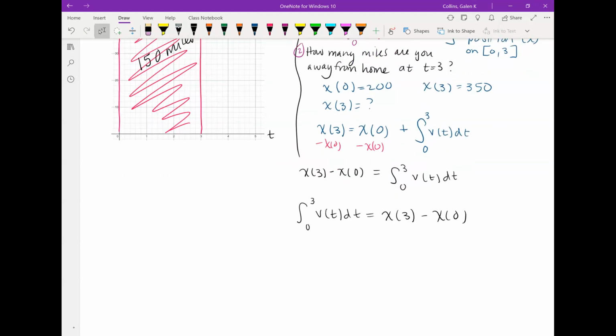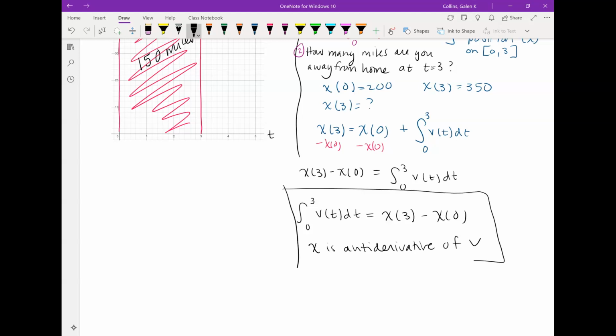And remember, we said that x is the antiderivative of v. So what we have actually just come up with is what is called the first fundamental theorem of calculus.